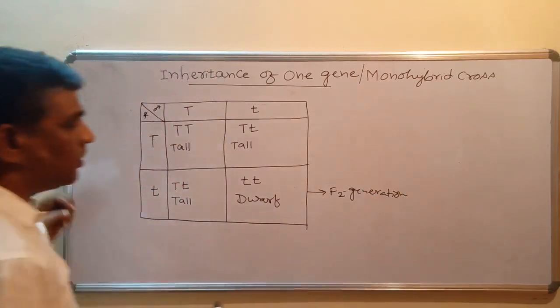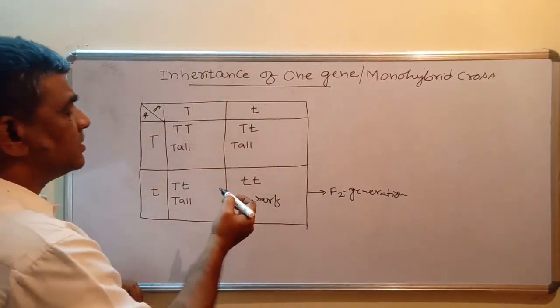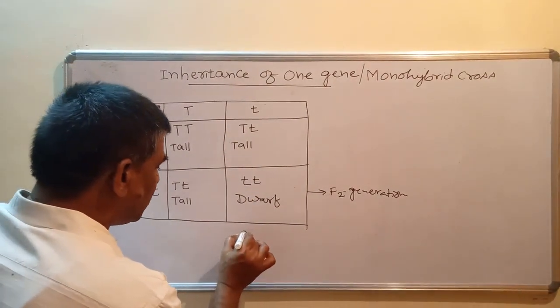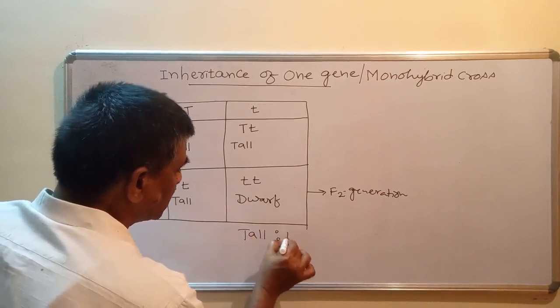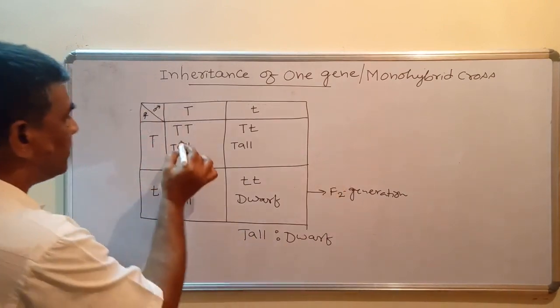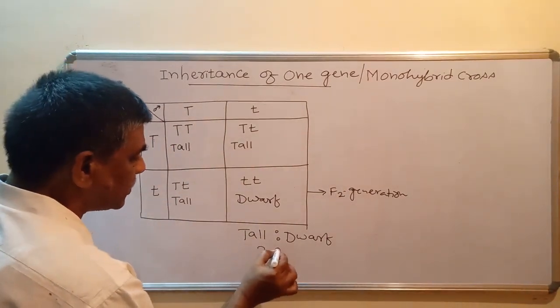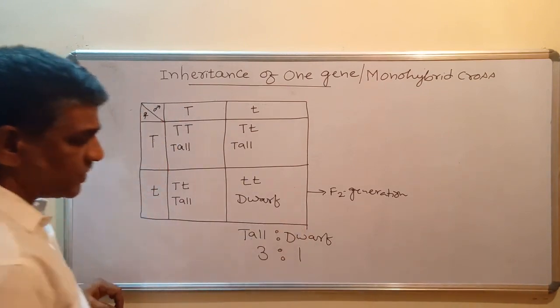What Mendel got: by observing this tabulation, we can understand the ratio of tall plants to dwarf plants. We can count the number of tall plants: 1, 2, 3. There are 3 tall plants and only one dwarf plant is present.